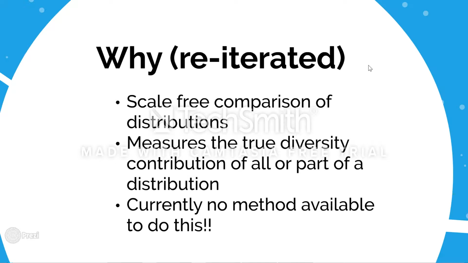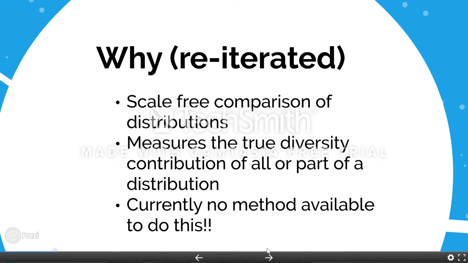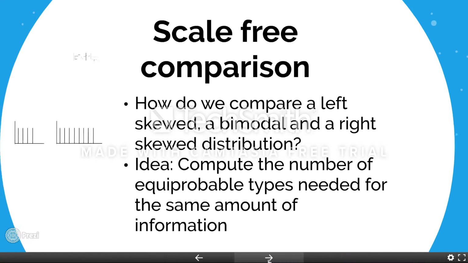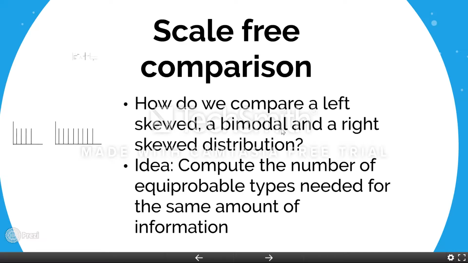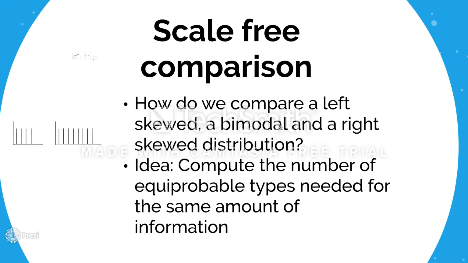For example, you may have one distribution that is bimodal, or one distribution that's left skewed, or another one that's right skewed. There's no way that one could actually compare these different kinds of distributions except, for example, comparing the centers or spread. So it will be clear what we are trying to do in a few minutes.